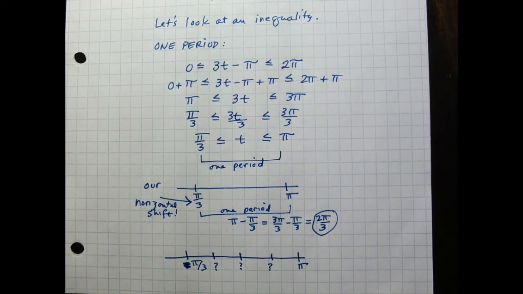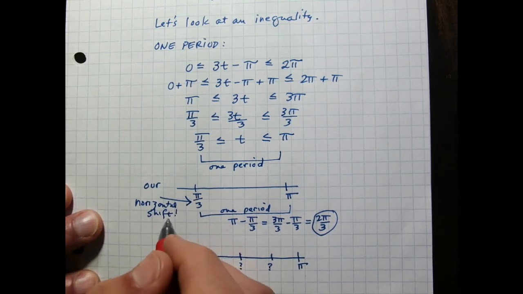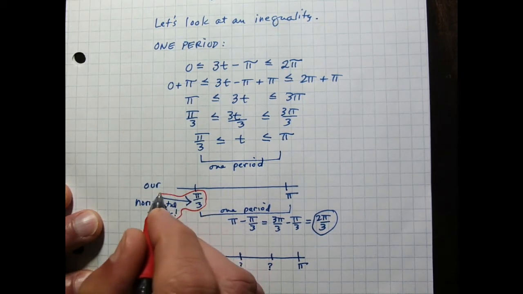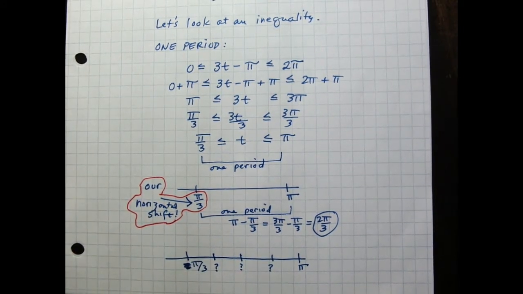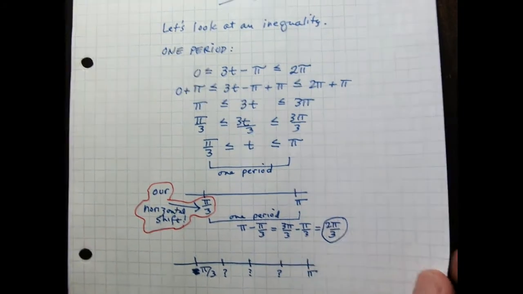Now there's another way to see the horizontal shift. I go through all this, and there's the horizontal shift, and eventually we'll have a formula for this also.